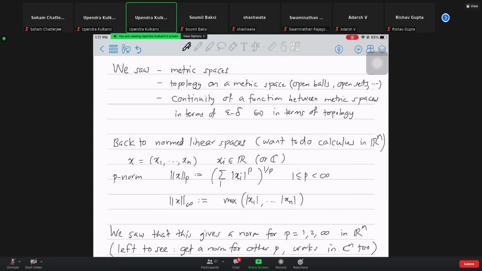So let's say take all intervals of the type 1 over two consecutive odd numbers and 1 over two consecutive even numbers. So all things of the type 1/3 to 1, 1/5 to 1/3, 1/7 to 1/5, and so on, and then also 1/4 to 1/2, 1/6 to 1/4, 1/8 to 1/6, and so on.